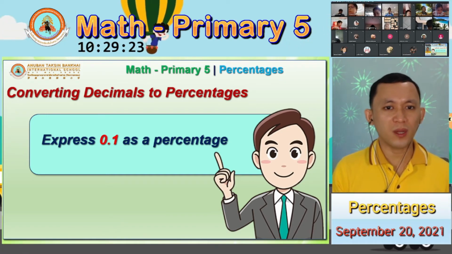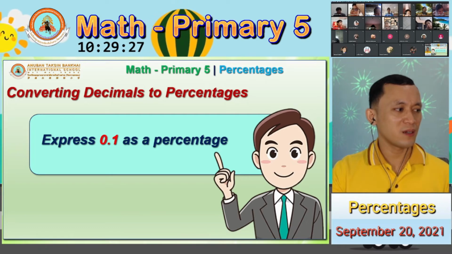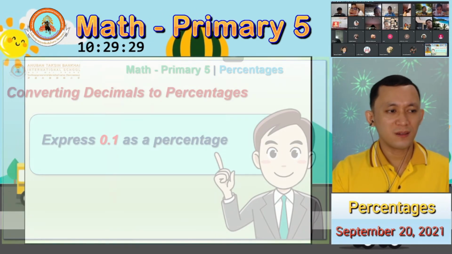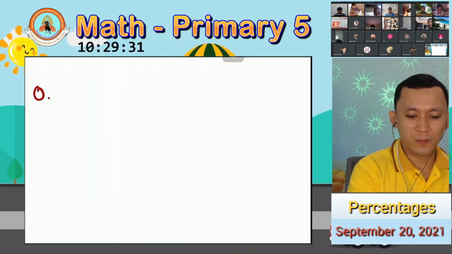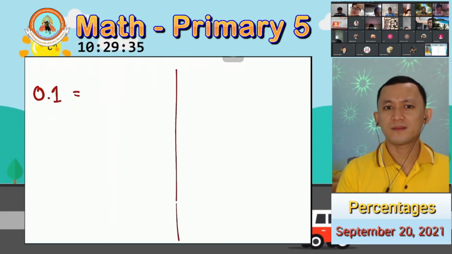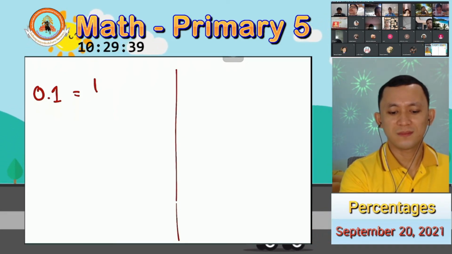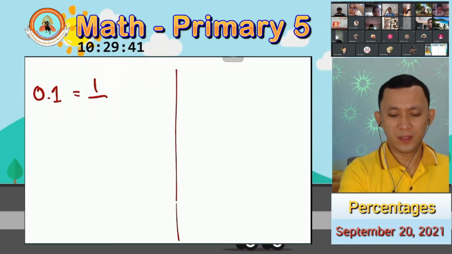So for example, this one, 0.1. Who can give me the answer? Let's use method 1. What's this in fraction? 1 over 10.